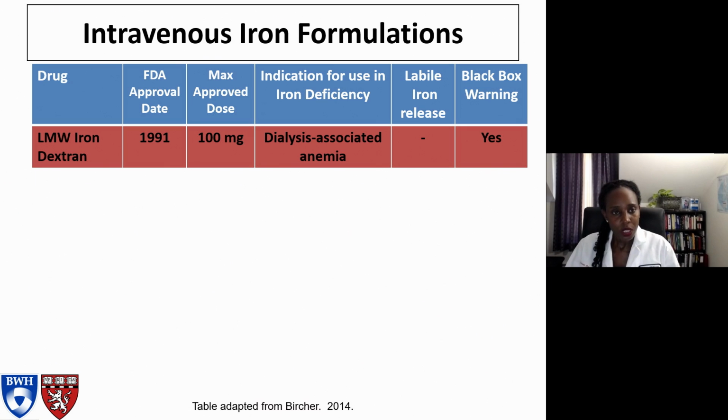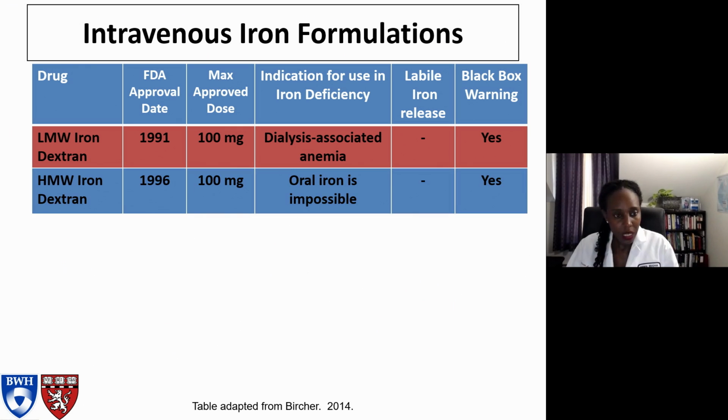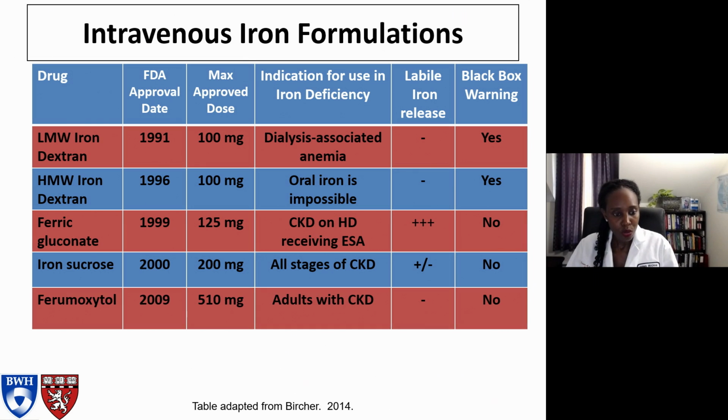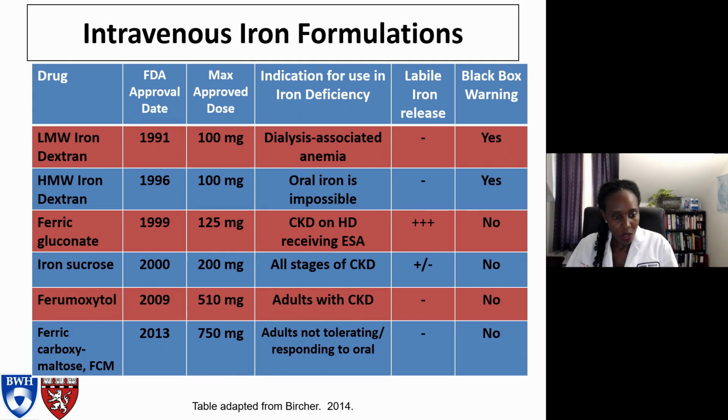I'm going to spend a little time on the intravenous formulations that are currently available and FDA approved. Low molecular weight iron dextran was approved in 1991. There is a high molecular weight iron dextran approved in 1996, although we no longer use this. There are more recent formulations like ferric gluconate, iron sucrose, ferumoxytol, and more recently, ferric carboxymaltose.